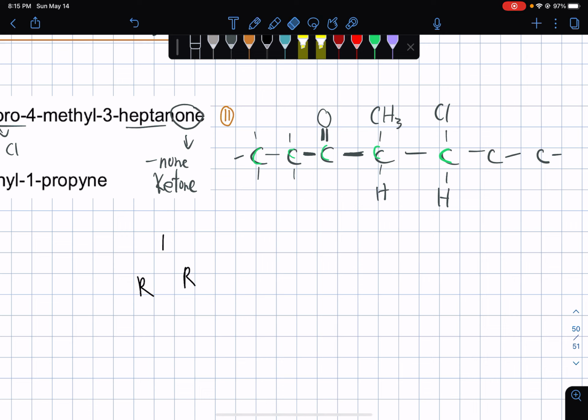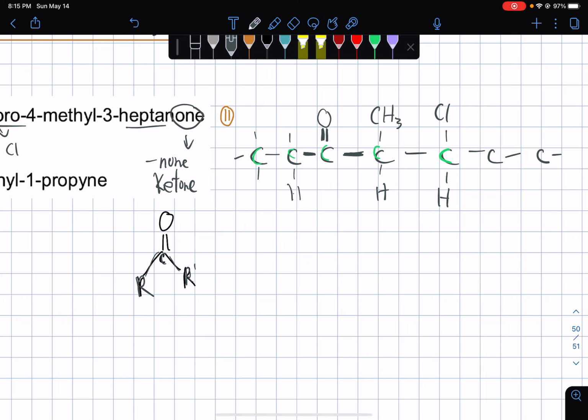Ketone is naturally a part of the carbonyl group, and there will always be this kind of figure: oxygen at the top connected with two bonds, making a double bond to carbon. R basically stands for any other connection that's connected to it.